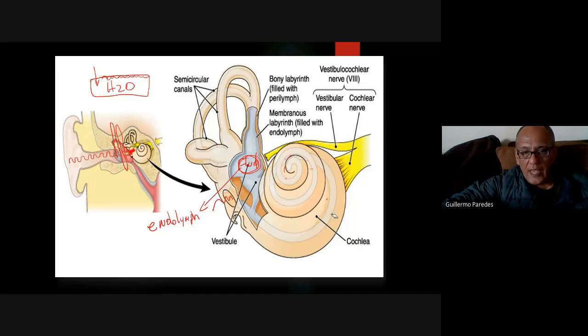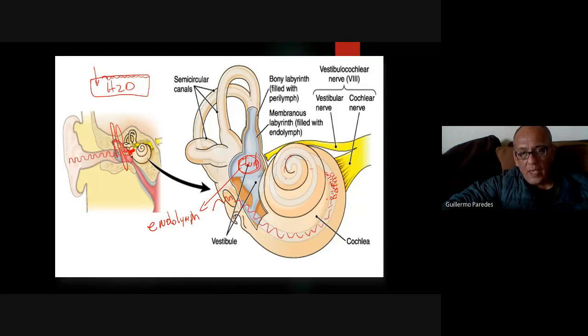Here in the cochlea, we have receptor cells like this. These cells have cilia, like a hair. So when the vibration is coming, it's hitting the water inside of the inner ear, and the vibration is going to move through the fluid.